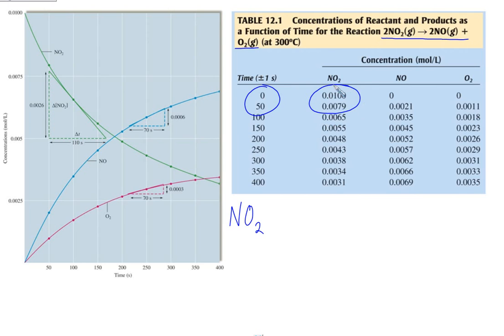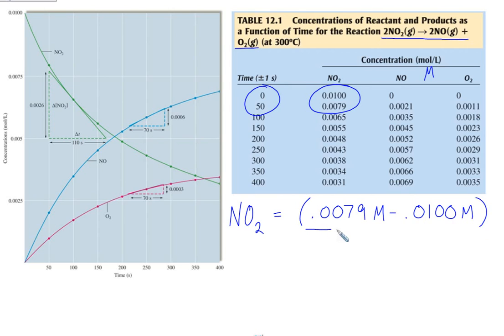So I will have something that looks like this. My final concentration, 0.0079. And again, I could say molarity or moles per liter, minus initial, 0.01. They've got it listed as moles per liter, but again, capital M is the same thing, right?